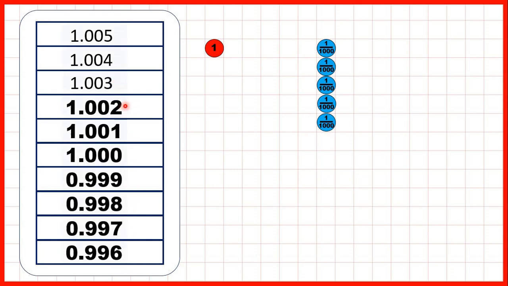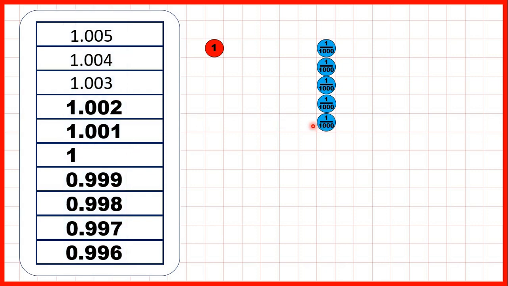Well, we can show them here, and we can see counting back in thousandths is similar to counting back in ones. But you'll notice we have 1.000. Now if we have a decimal point and then zeros on the end of a number, we have a whole number. All the 0.000 tells us is that we don't have any tenths, hundredths or thousandths, but just writing the whole number 1 tells us this as well.